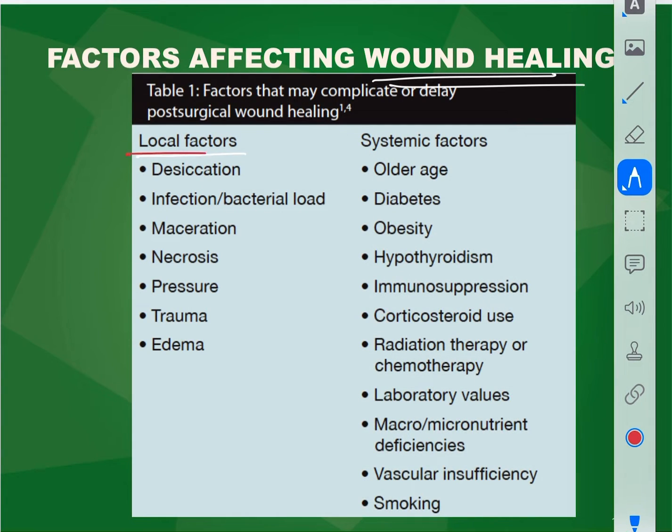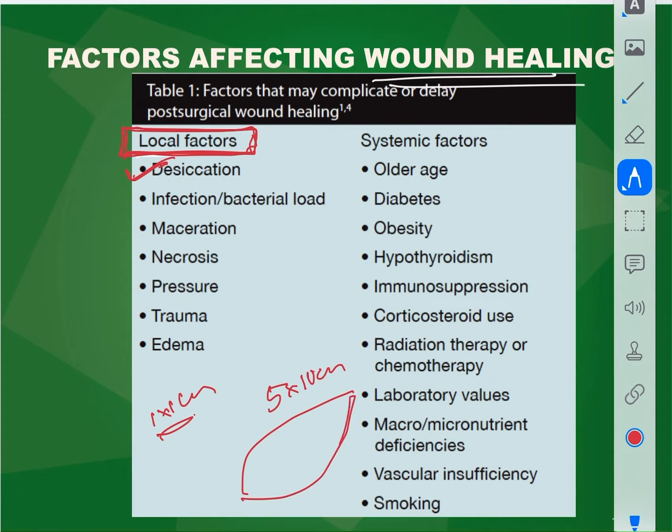What are the local factors, the factors which are specific to the wounds that can delay the process of wound healing? One is desiccation. Consider a 1 into 1 centimeter wound, and consider a 5 into 10 centimeter wound, a very big wound.